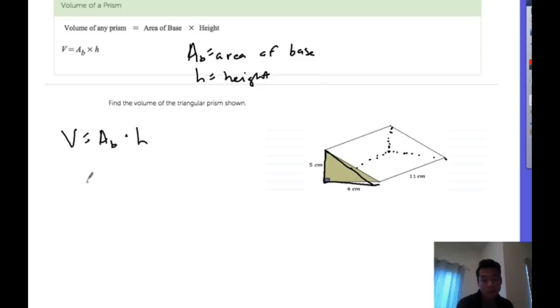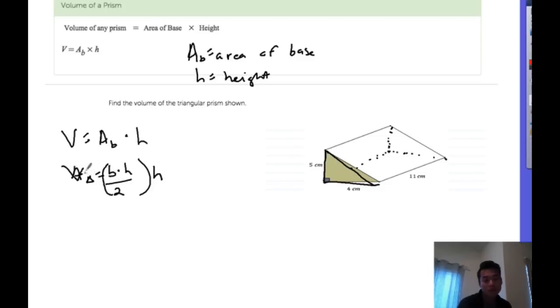The area of my base is a triangle, so I know that the area of a triangle is equal to base times height divided by 2. And if I take this, multiplied by the height, that will give me the volume of this triangular prism. I'm just showing you algebraically what's happening here.